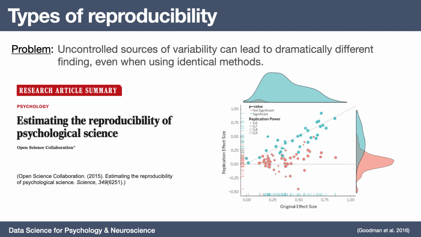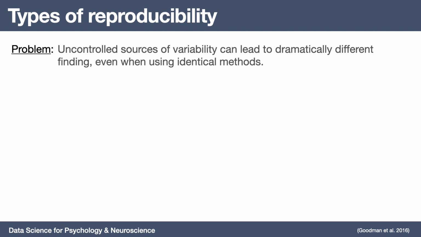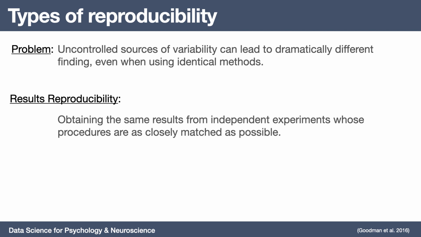And what they found was that even though they were using the same methods as reported in the original paper, they got a vast difference in either the direction or the magnitude of the results. There was substantial variability in the results that they observed. This is known as a results reproducibility problem.